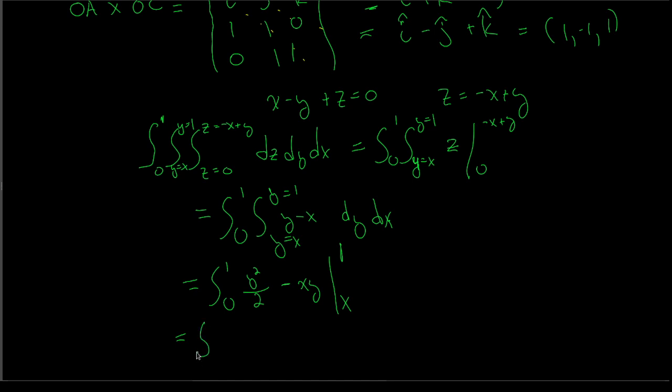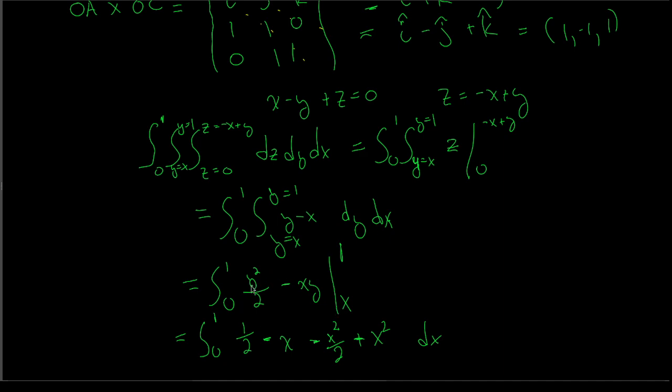So we're going to get, putting the 1 through, 1/2 minus x, minus, let's see if I get my signs in correctly, minus x squared over 2 plus x squared dx.